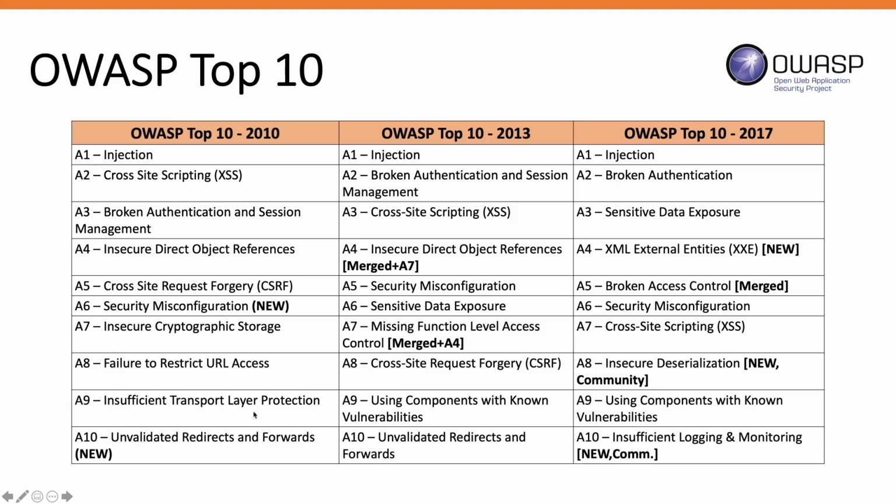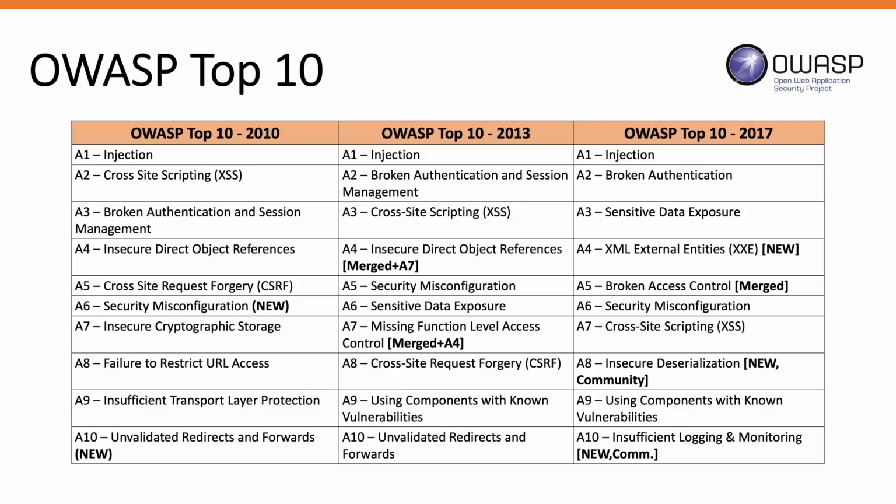That's probably because it's so easy to now get certificates and use HTTPS on your site. Even malicious sites use HTTPS right now, so it's definitely not a risk anymore. But then you also see new ones get added. For example, insecure deserialization over here was never a risk in 2010 or 2013, was not part of the list. And in 2017, it became part of the list.